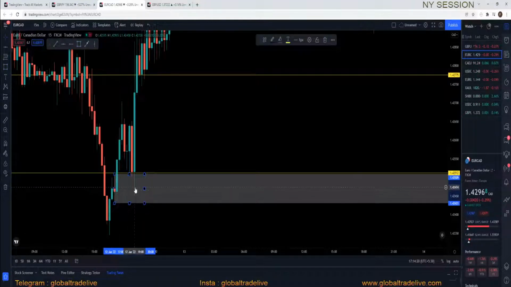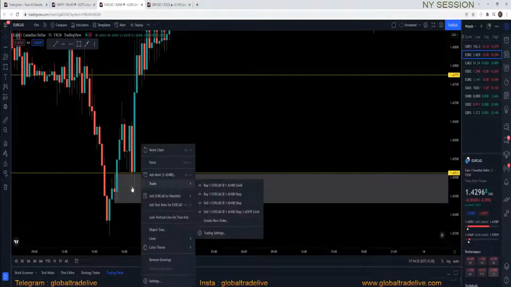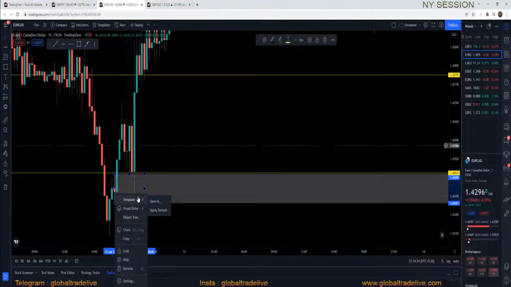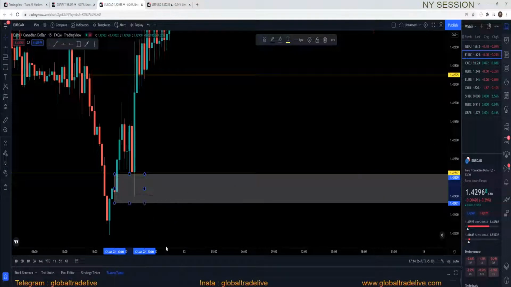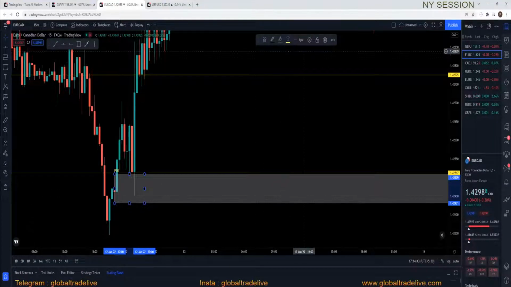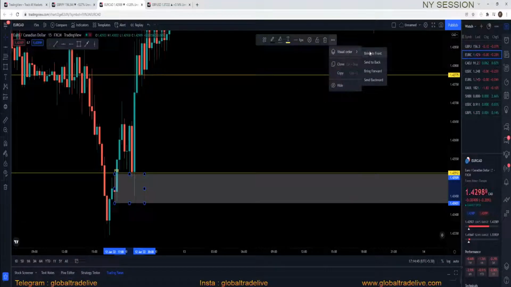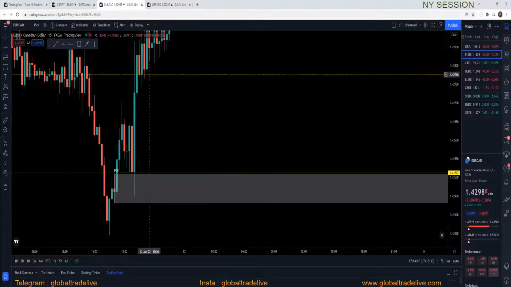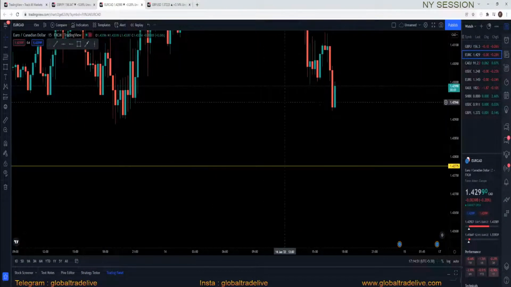So this is a strong POI zone. Yes, this is a perfect POI zone over here. I'm gonna label this over here. Perfect. So yeah, this is a POI level, and market is over here.